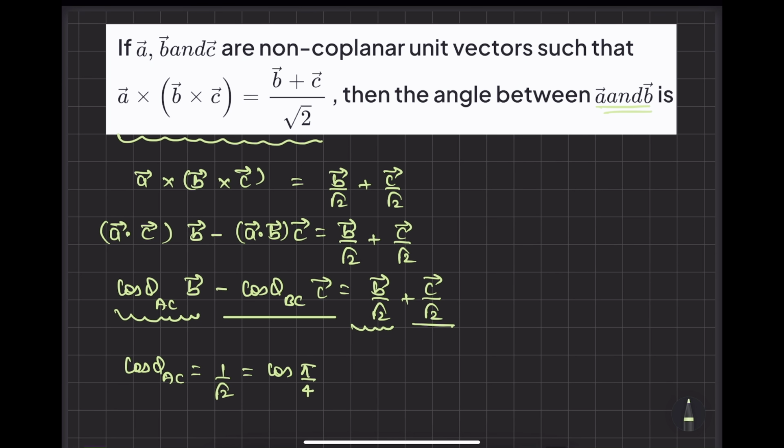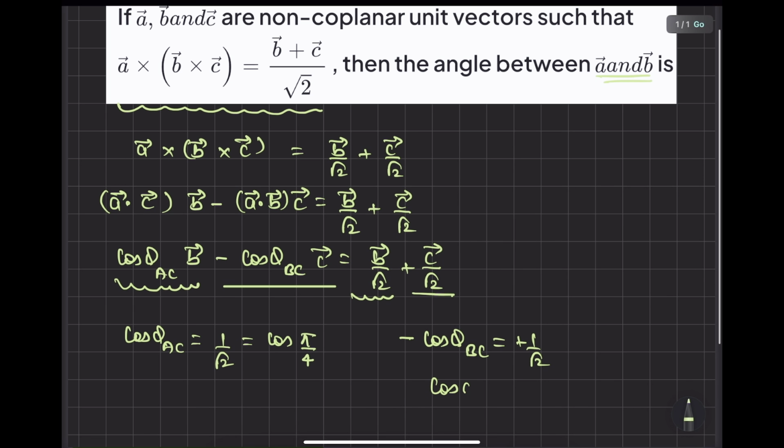Similarly, we will solve for the angle between vector A and vector B. So now compare C. So it is cos theta AB equals plus of 1 by root 2. So can I say that cos theta AB equals minus of 1 by root 2?